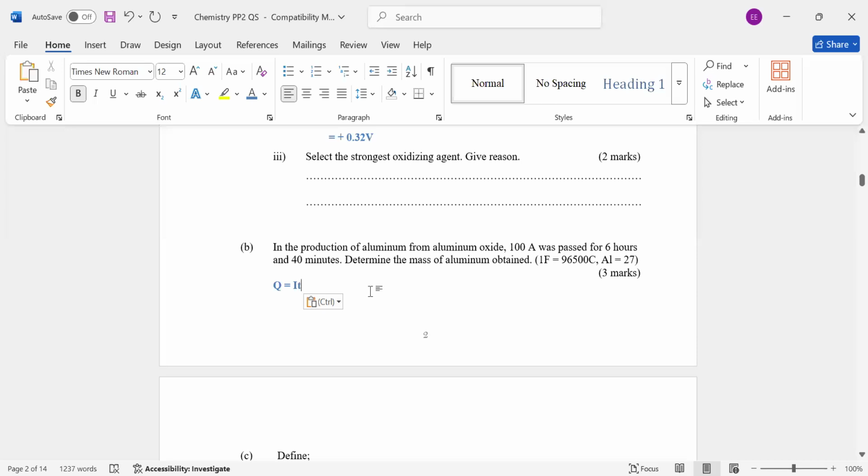In this particular case, the current that has been given is 100, and the time is 6 hours and 40 minutes. Maybe you can see how many minutes those are? 6 hours is 6 times 60, that is 360. Plus 40, those are 400 minutes.